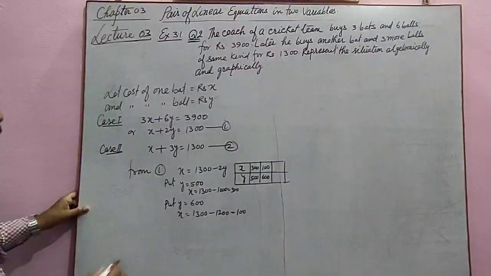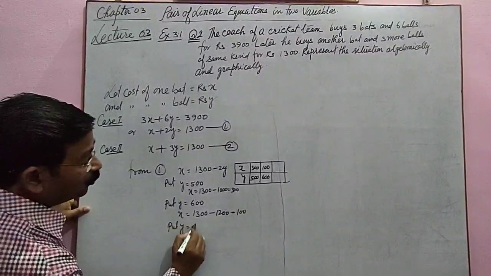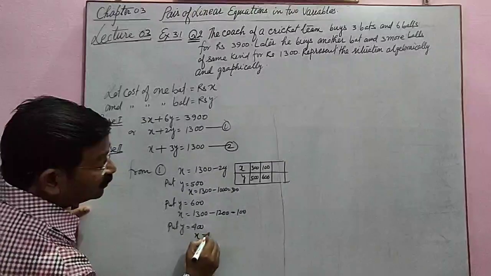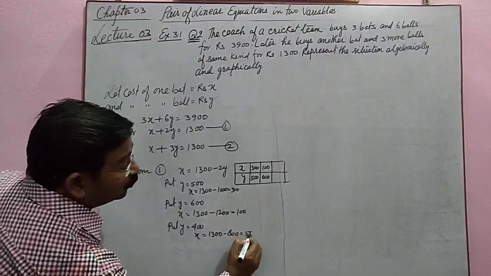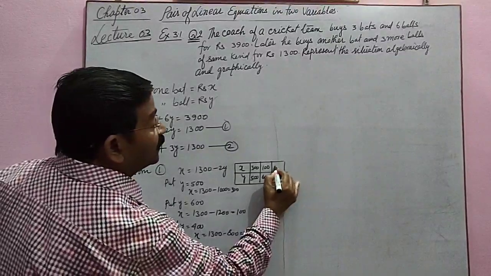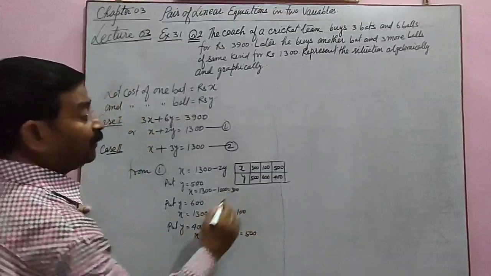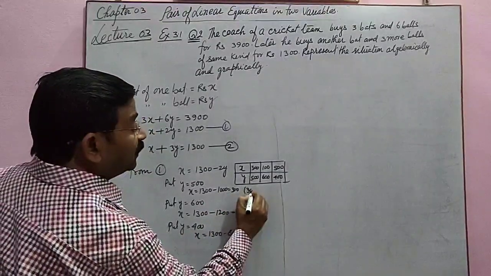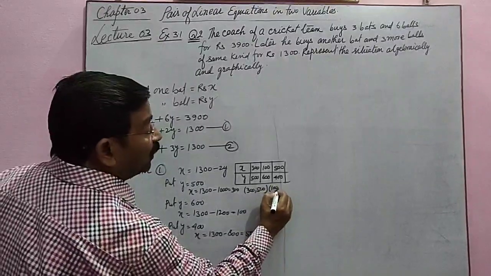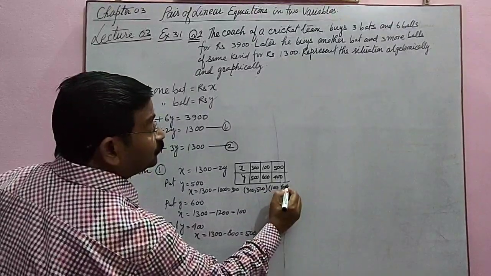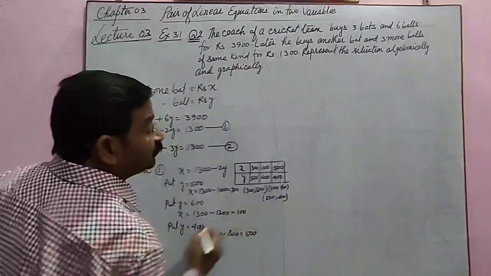Put y is equal to 400, then x is equal to 1300 minus 800, which is 500. So x is 500 and y is 400. We have got the points: 300 comma 500, 100 comma 600, and 500 comma 400.